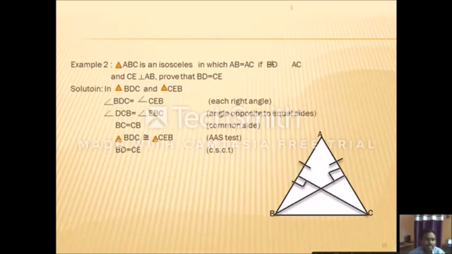Angle DCB is equal to angle EBC because angles opposite to equal sides, and BC is congruent to CB because common side, and therefore triangle BDC is congruent to triangle CEB by the AAS test, and hence BD is equal to CE by the property of corresponding sides of congruent triangles.